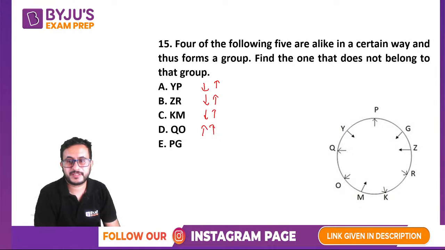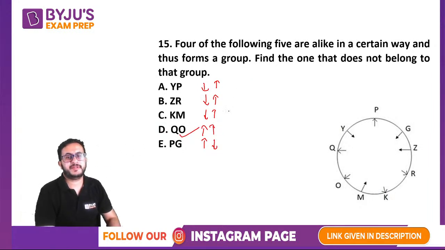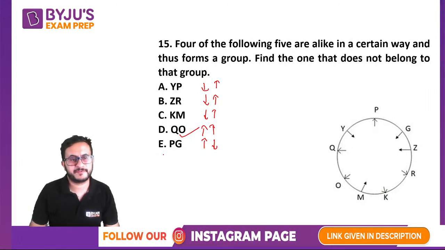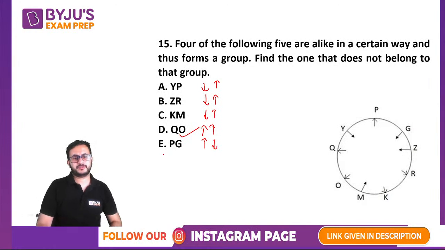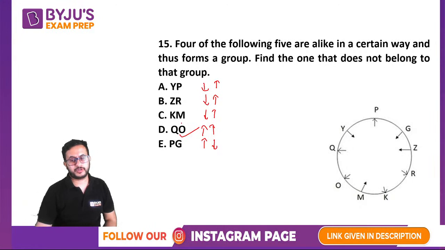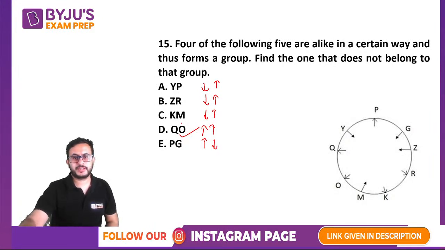OQ both are facing out and PG out, and so QO both are facing same direction. Others, one of them is facing inside, one of them is facing outside. All are neighbors, so that is not something that makes it odd one. But this thing that both are facing out makes this odd one out.